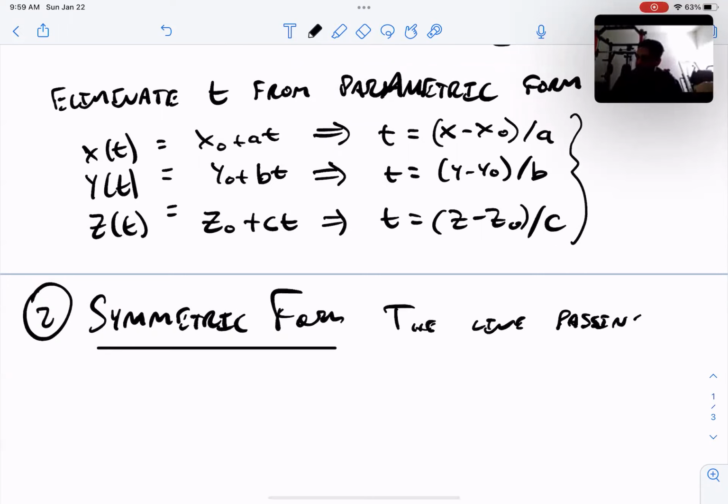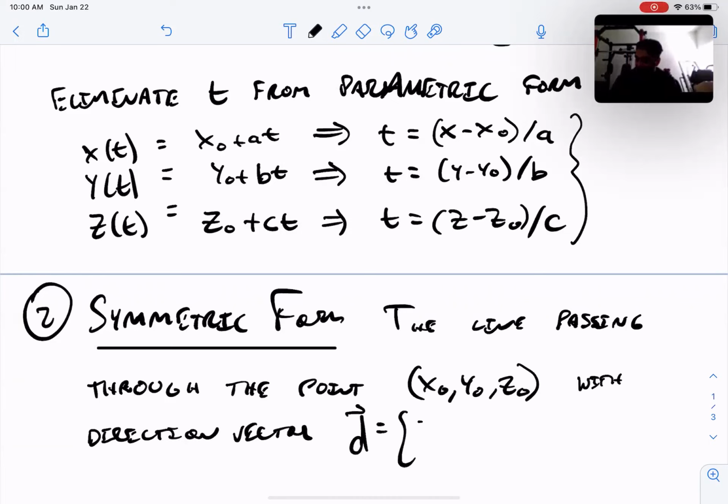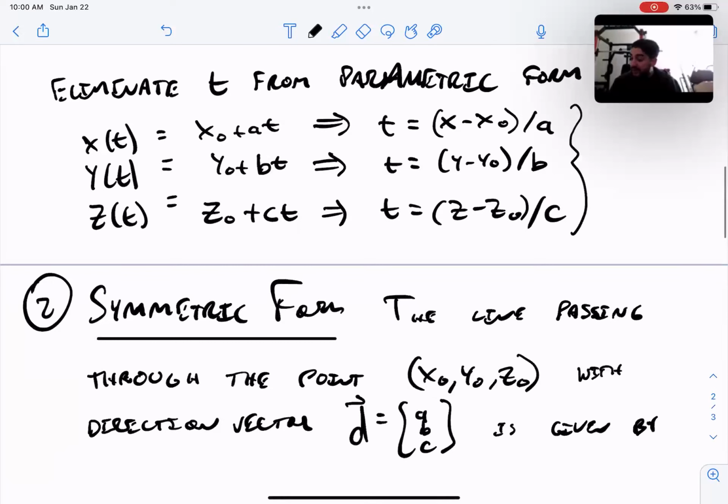So you just say the line, and what line is it? It's the line passing through the point x naught, y naught, z naught, because that was b, our initial point on our line, vector b. So this is passing through this point with direction vector a, b, c, and is given by what Cartesian equations?